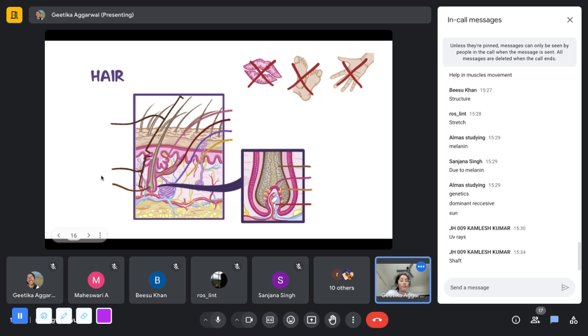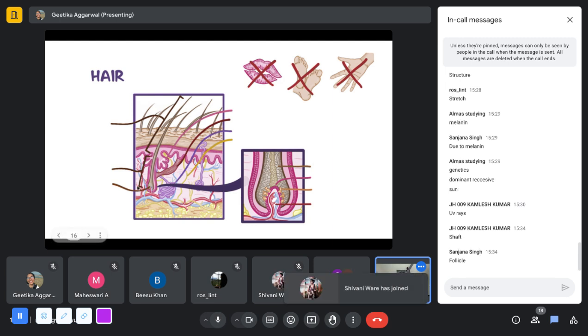What is this called? What is this section right here, from here to here? Anyone? It's the follicle. Okay. So then what is this?